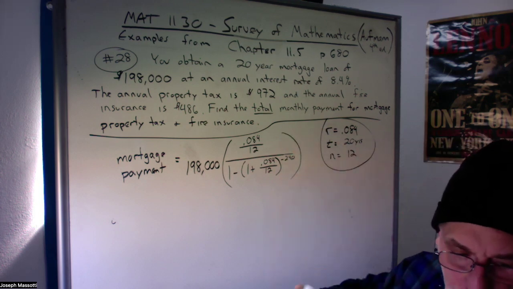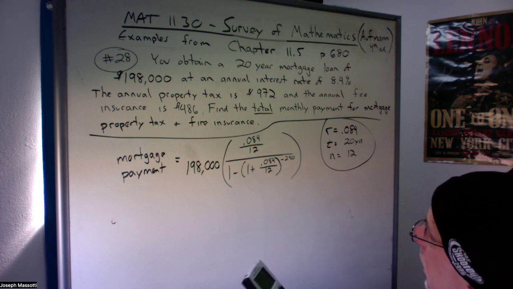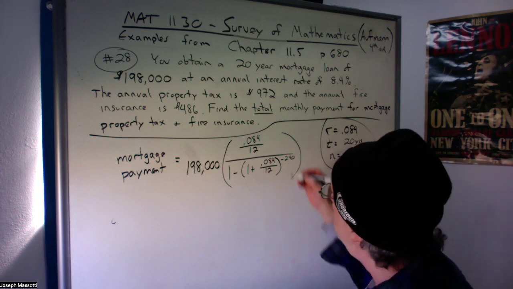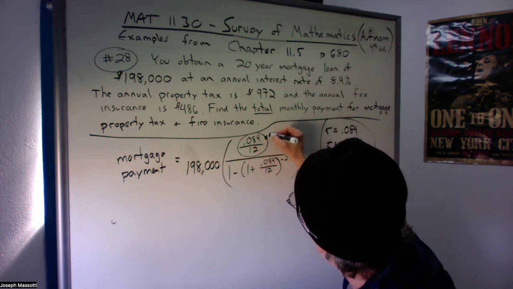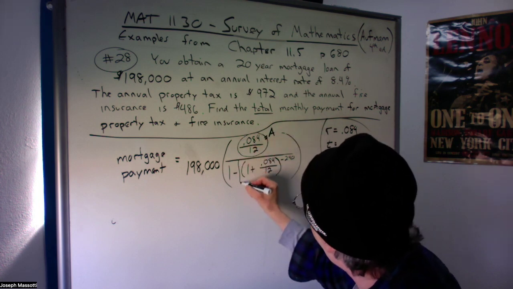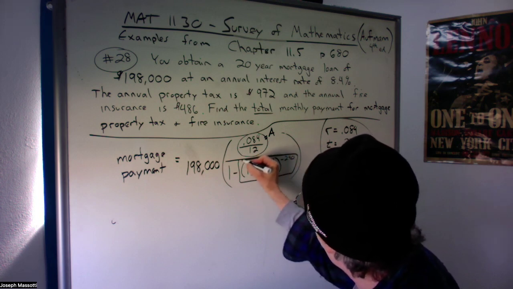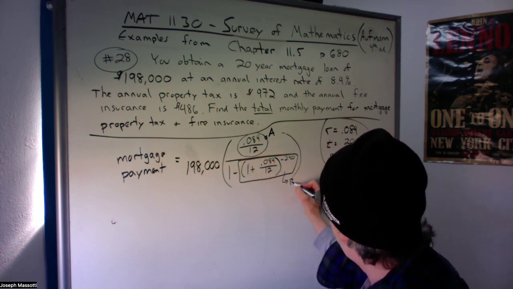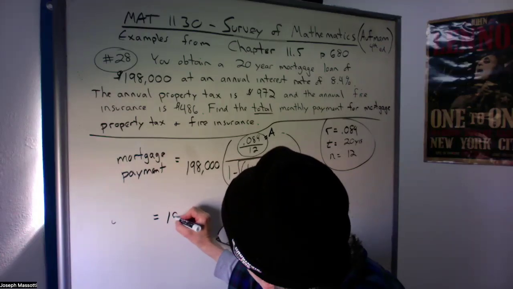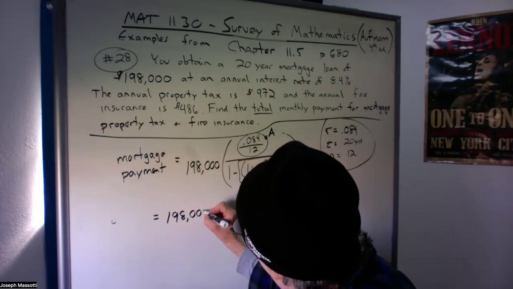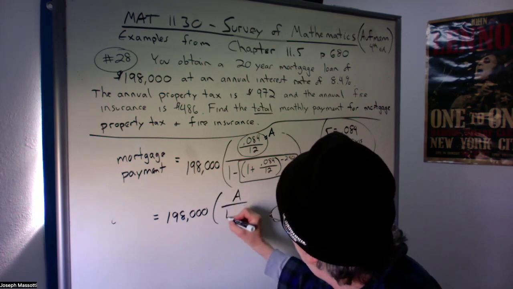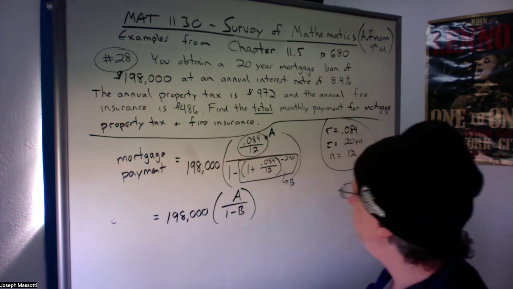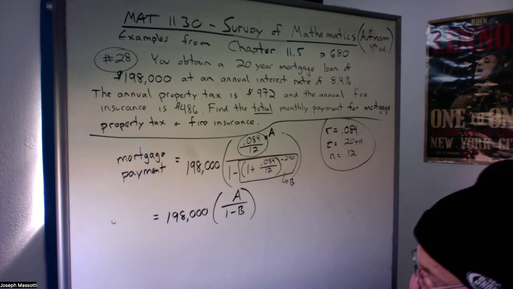All right, so we've gone over how to put this into your calculator. We take this value and we call it A, and we take this value and we call it B, and we calculate our mortgage payment as just 198,000 times A over 1 minus B. So let's do that.